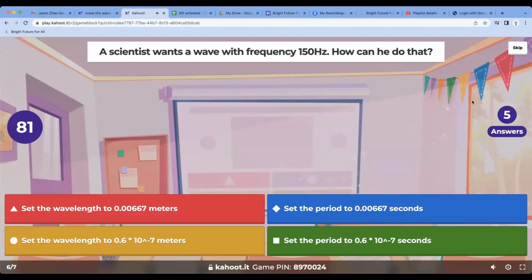So for this question, just think about what other variable is related to frequency.